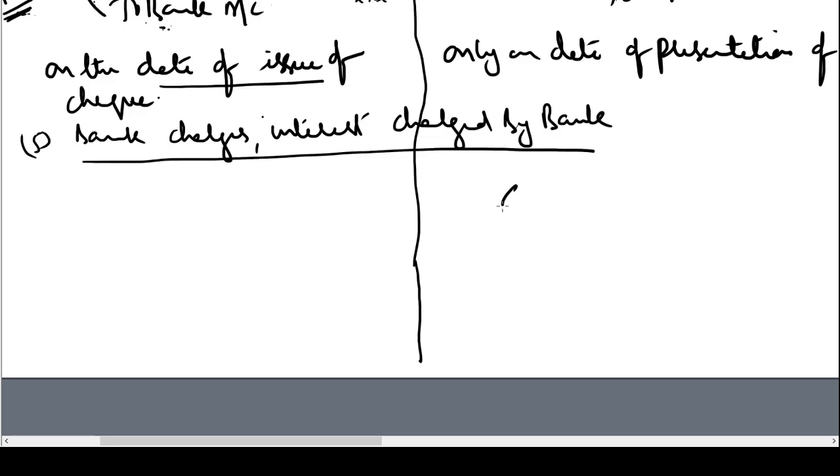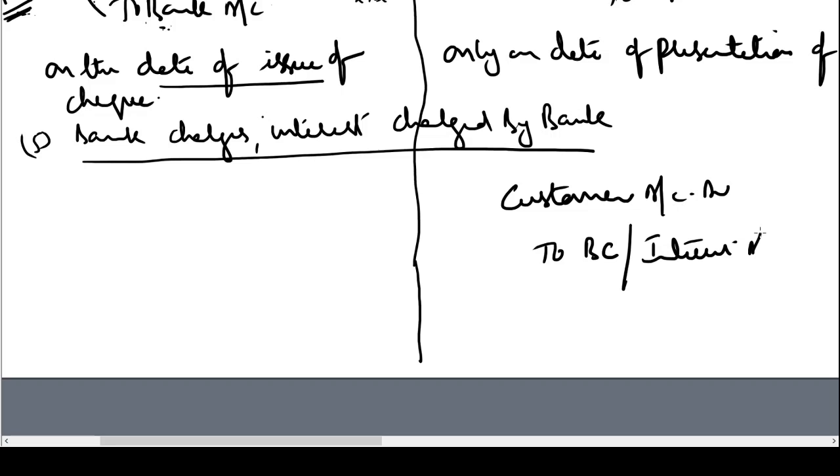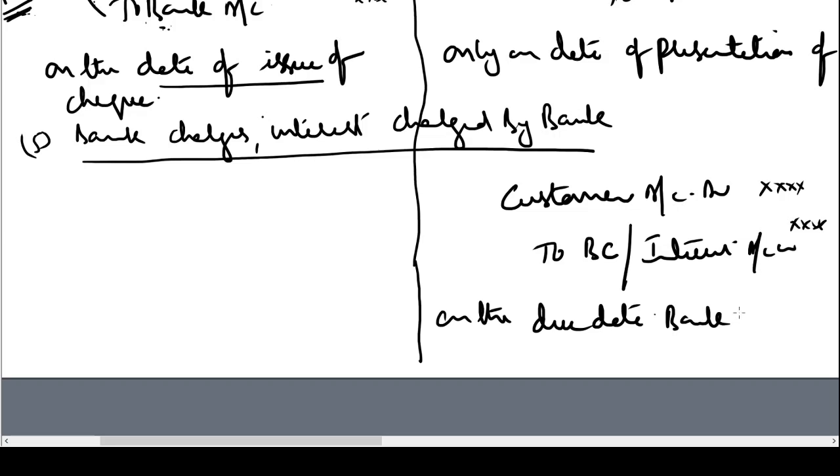So what the bank does is, the bank will debit our account, the customer account, our passbook will be debited, and they will credit bank charges income for them or interest income for them. That account will be credited. So on the due date, whenever the bank charges are due or whenever the interest is due, the bank will record this entry.